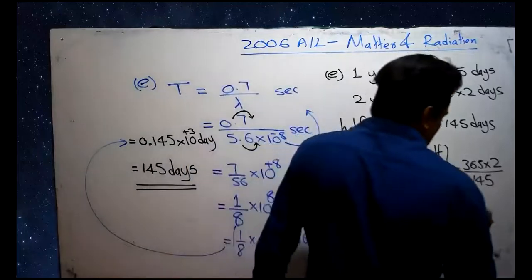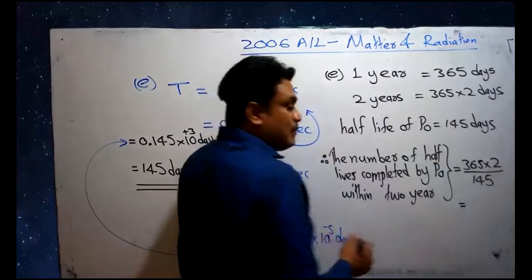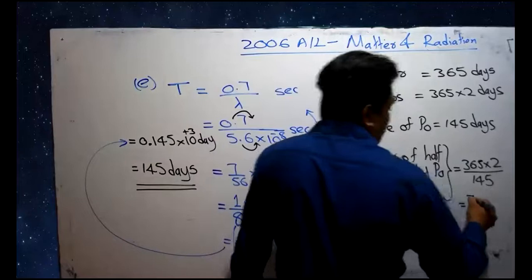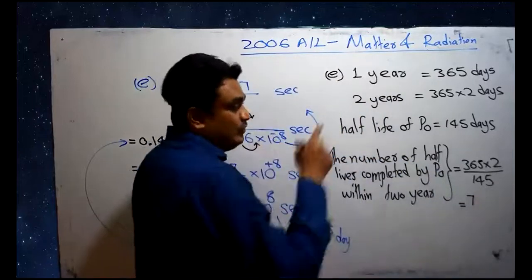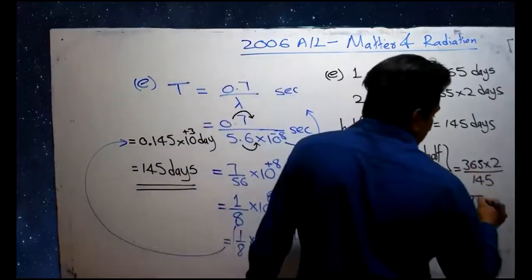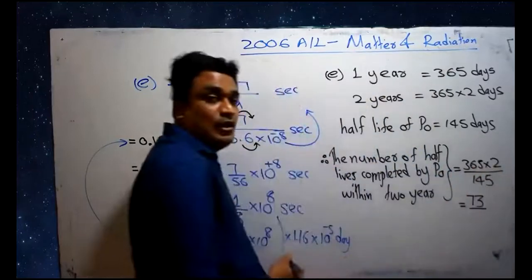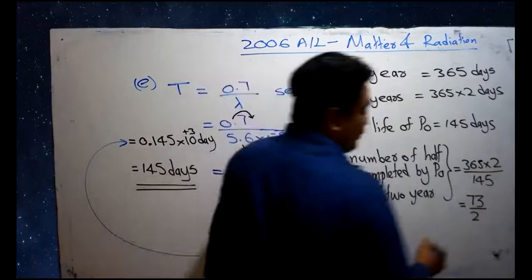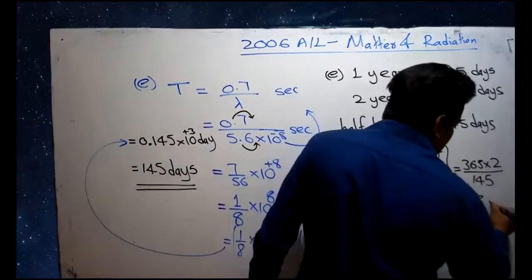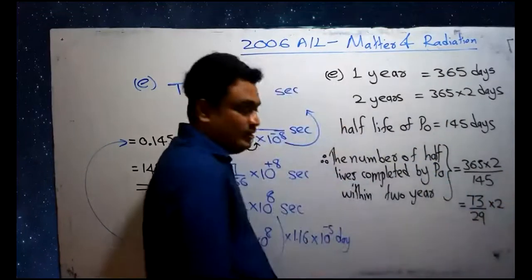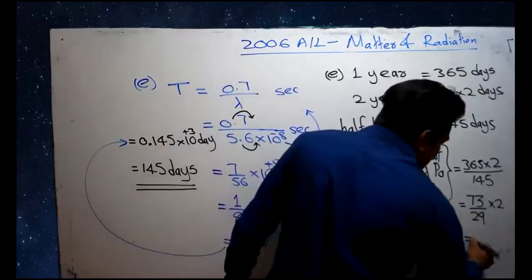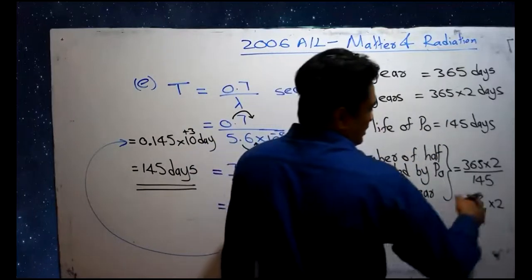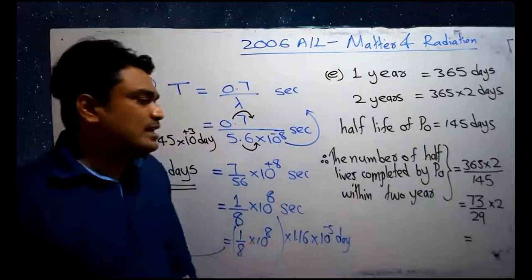So what is the easiest method to simplify here? 36 divided by 5 is 7 times 5, 35, 1 remaining. 15 divided by 5 is 3, 73. 14 divided by 5 is 2, 10, 4 remain. 45 divided by 5 is 9, 29 into 2. 73 and 29, can we divide it?